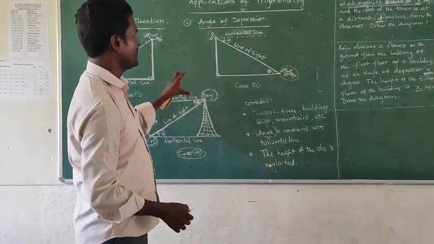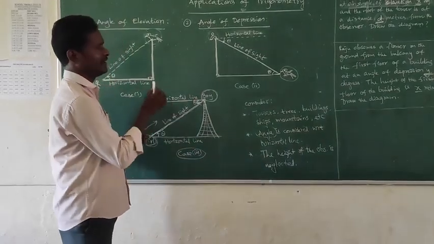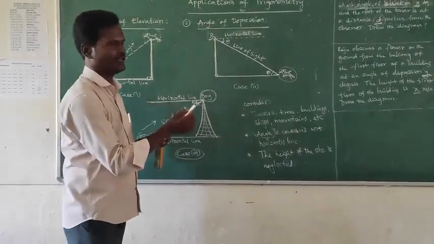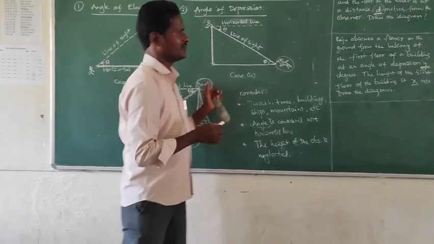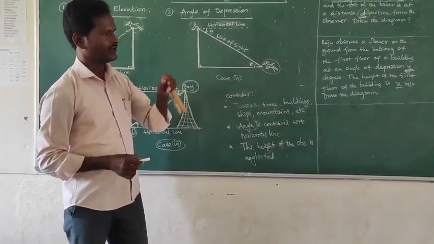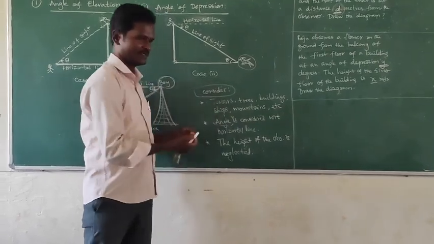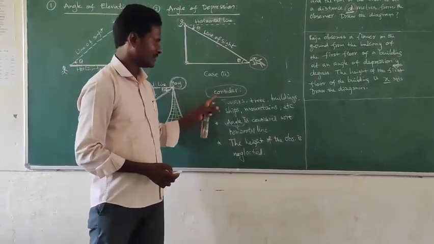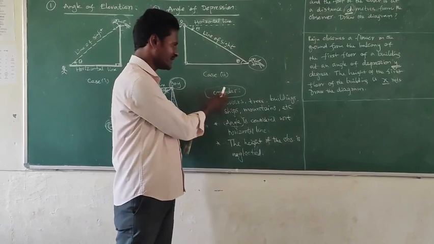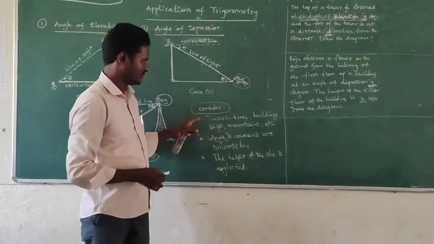This is the main thing we have to understand before proceeding to solve the problems. Before going to the problems, just consider these 3 points. While solving problems, we must consider some important things.